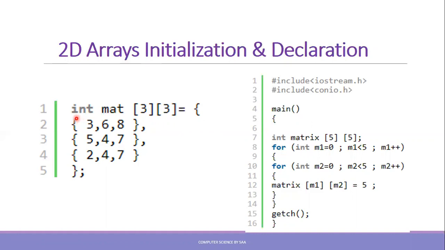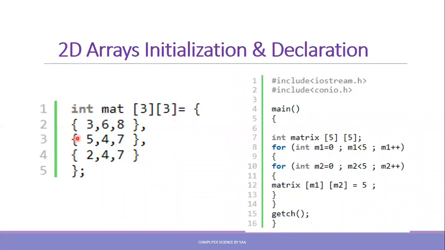We have declared the array with the name mat, and the data type is int, so it means it is a 2D array which can store only integer type of data. int mat with 3 rows and 3 columns within square brackets means the first index is for rows and the second index is for the columns.